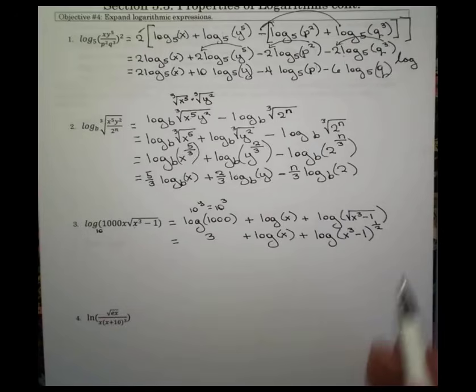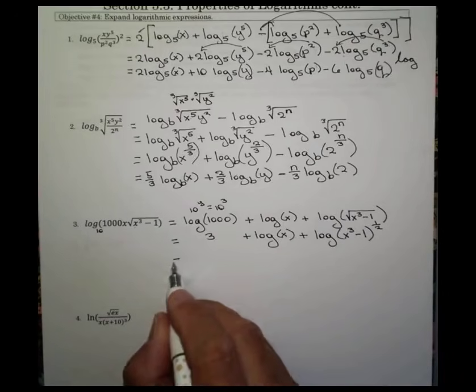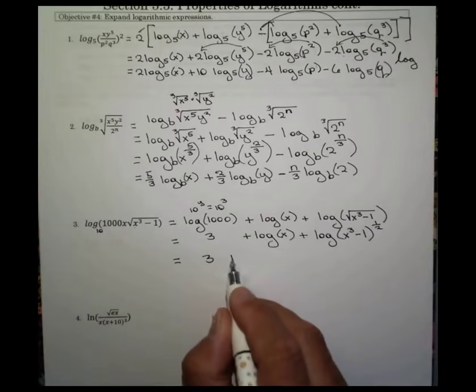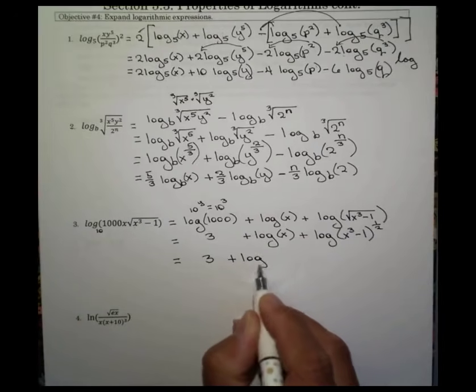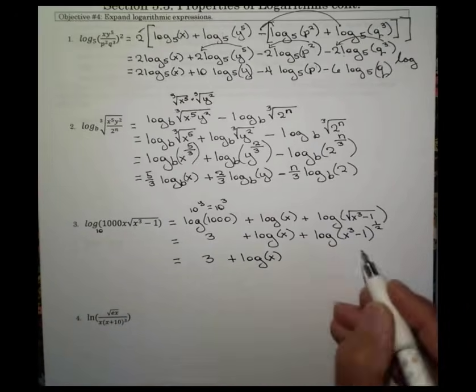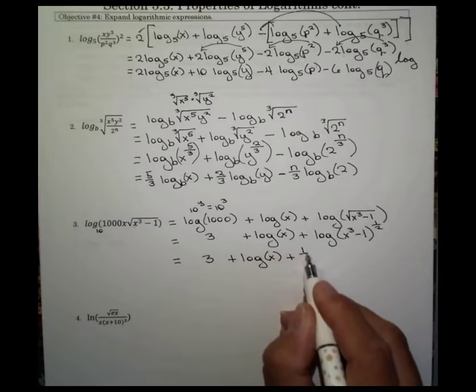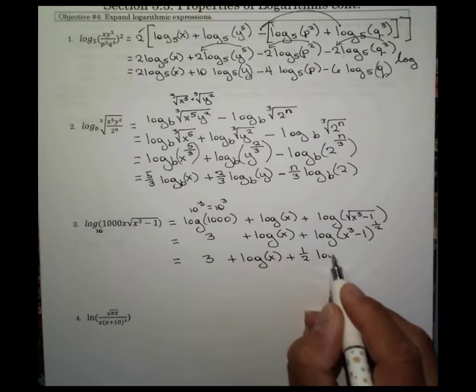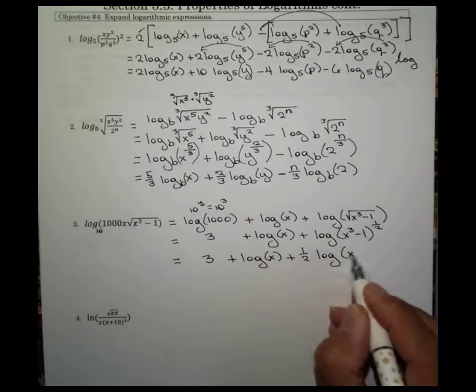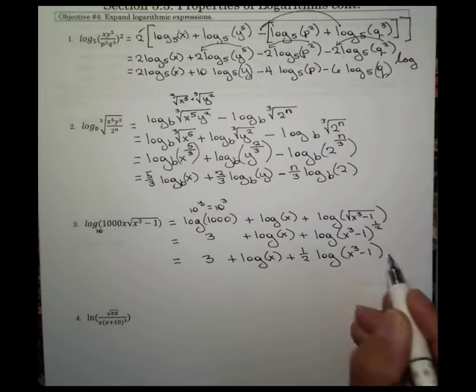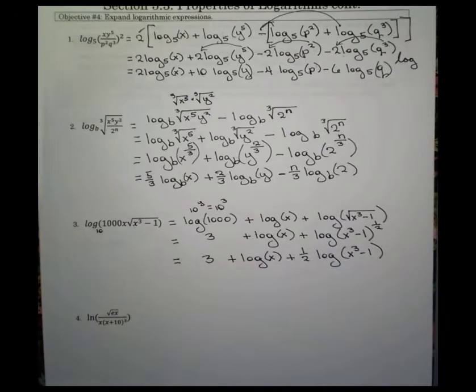All right, now once I have a fractional exponent, I'm not finished, am I? So this is still 3. This is still plus log of x. And this is 1/2 times this log of x cubed minus 1, which there's nothing I can do until they tell me what x is.